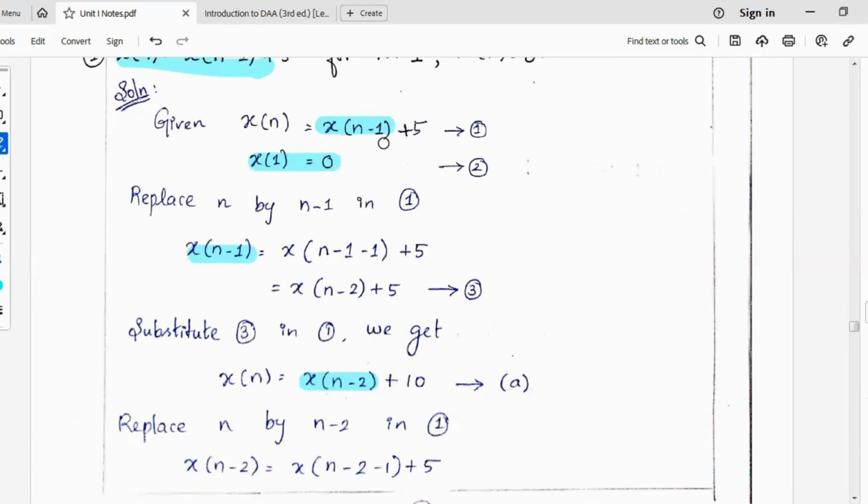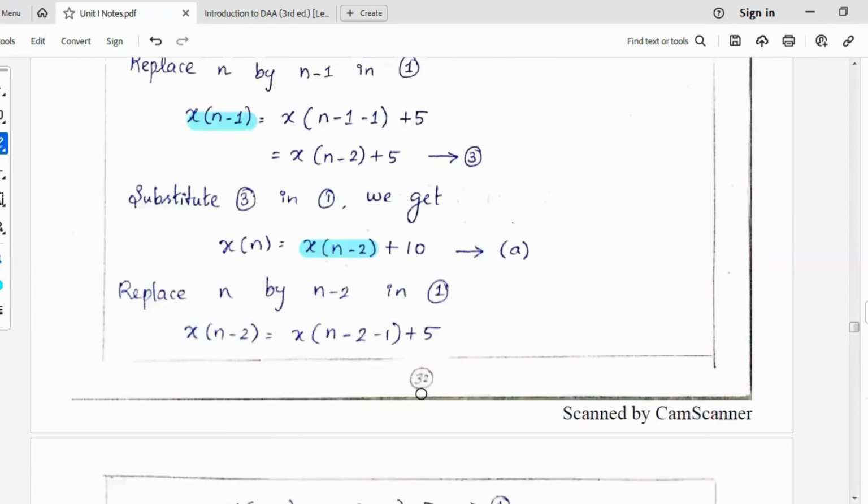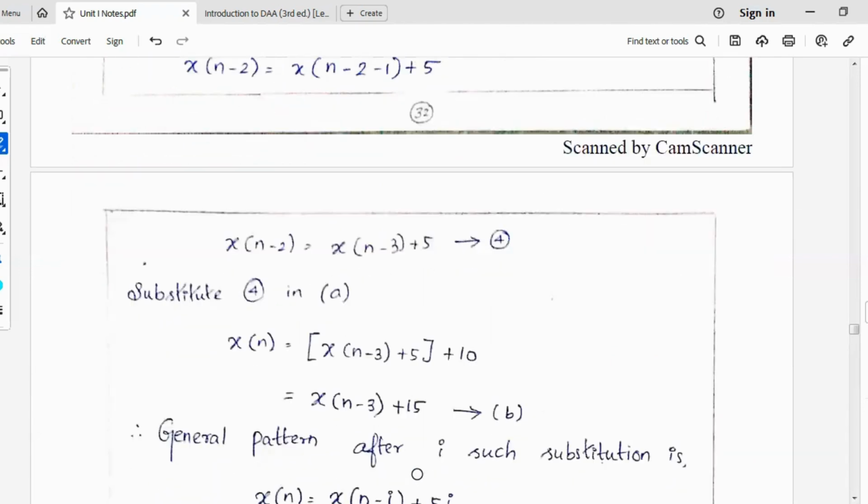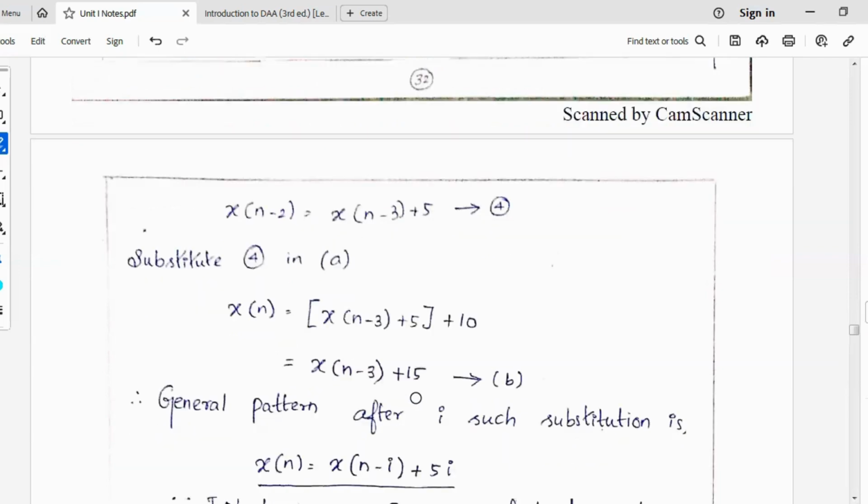So initially 1 and 5, now 2 and 10, similarly here 3 and 15. Every time this value is incremented by 1 and this value is multiplied by the next value: 5, 10, 15. So similarly, we can generate a general pattern for this recurrence relation.